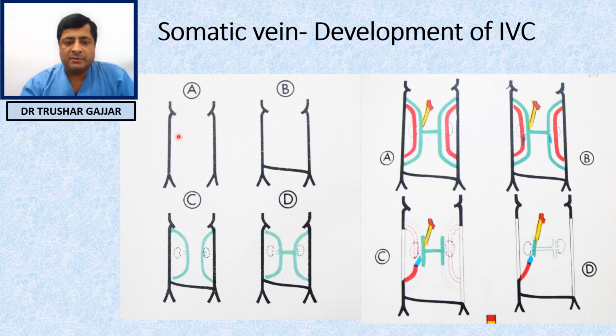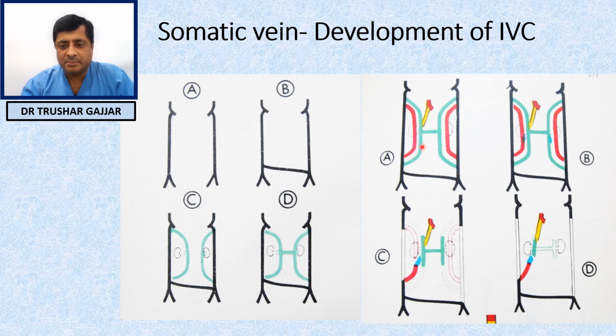The inferior vena cava develops from various parts. Both posterior cardinal veins are there, right and left posterior cardinal vein. They develop communication like anterior cardinal vein. They develop communication between them. There is a supracardinal vein and subcardinal vein which develops along with the posterior cardinal vein.